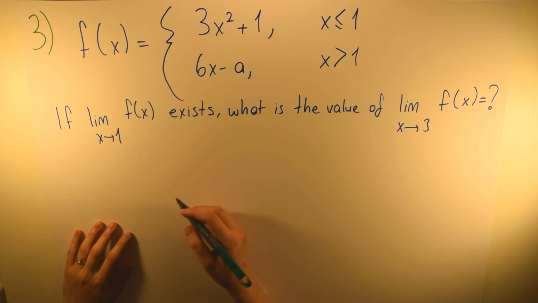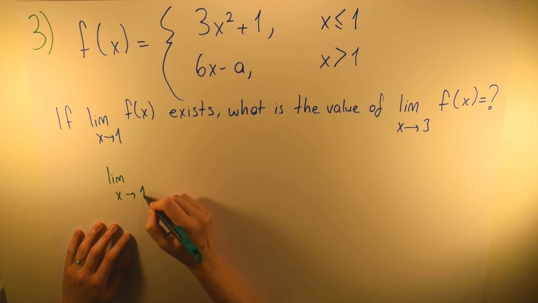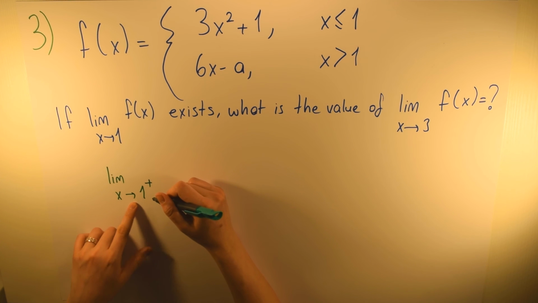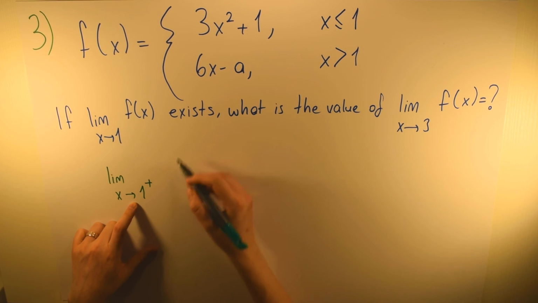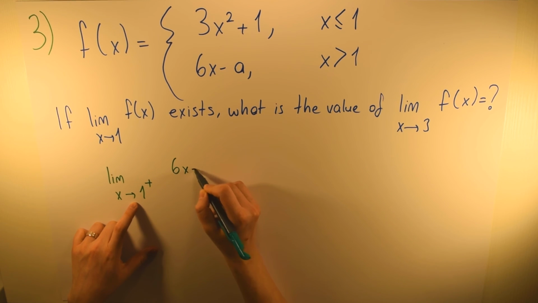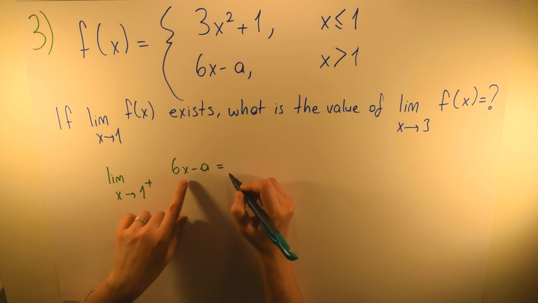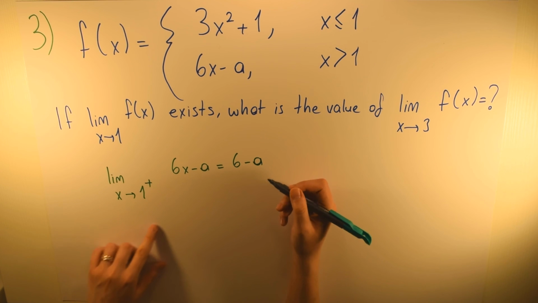So let's use that. So limit as x approaches 1 from the right side. Okay, so from the right side, which means x is greater than 1, right? So we use this function 6x minus a. So this is equal to, when I put 1 instead of x, 6 minus a, right?